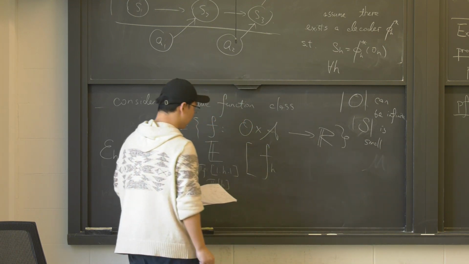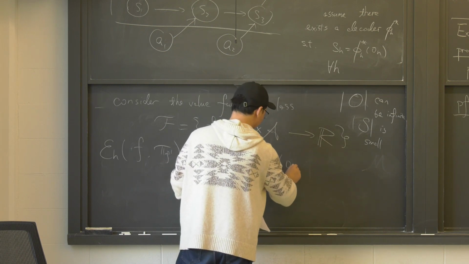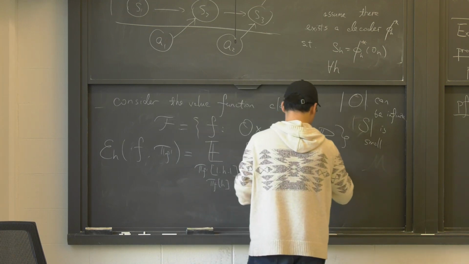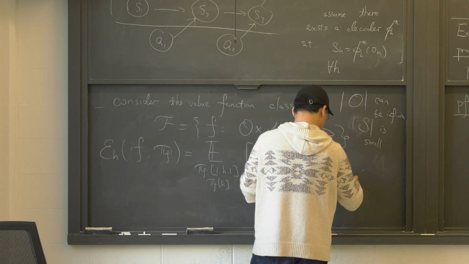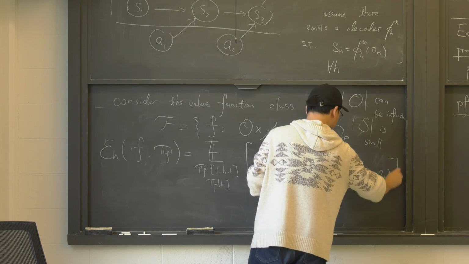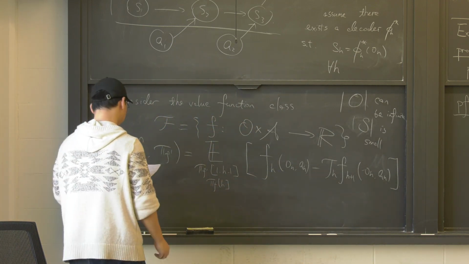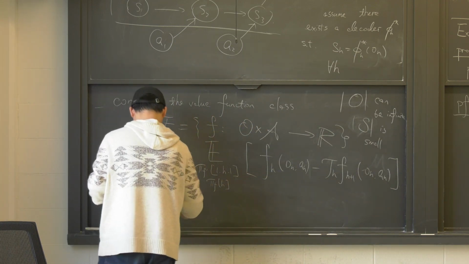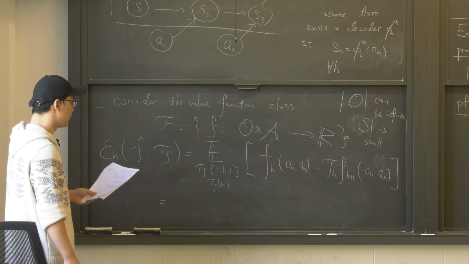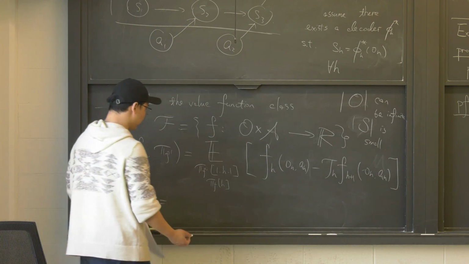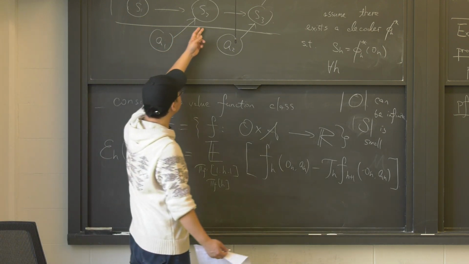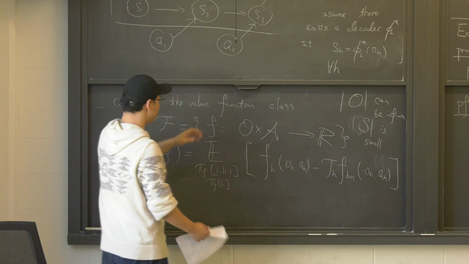Now the Bellman error will be a function of OH and AH, because we're essentially using O to serve as our states, subtracted by the Bellman operator on the function of the h plus 1 step at OH, AH. Although now the entire function is on O, it doesn't hurt us to first take an expectation over SH, and then take the expectation conditional on SH over OH and AH.